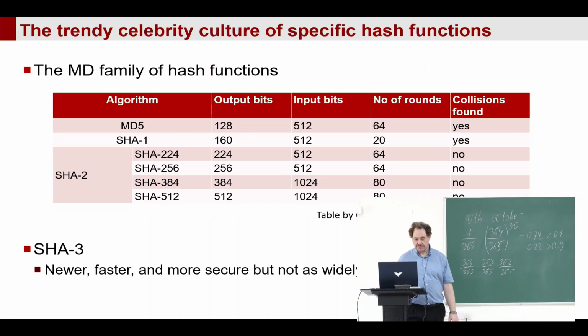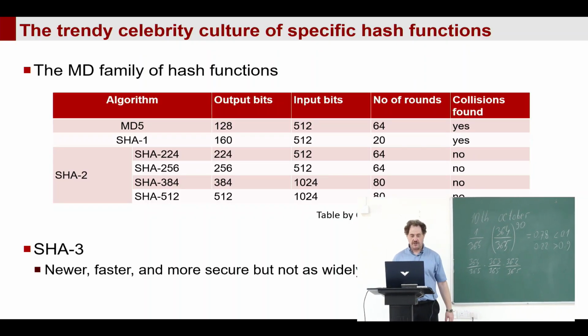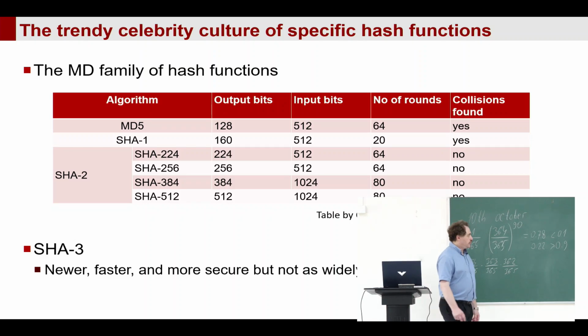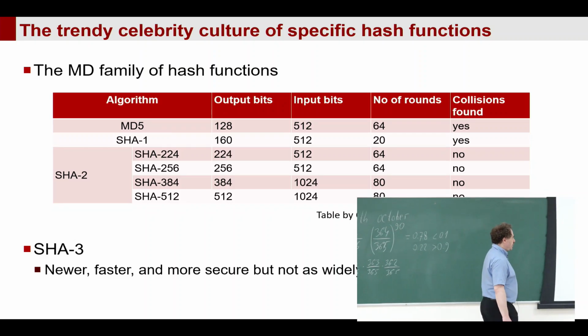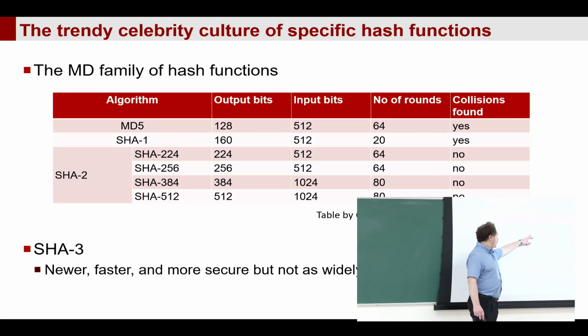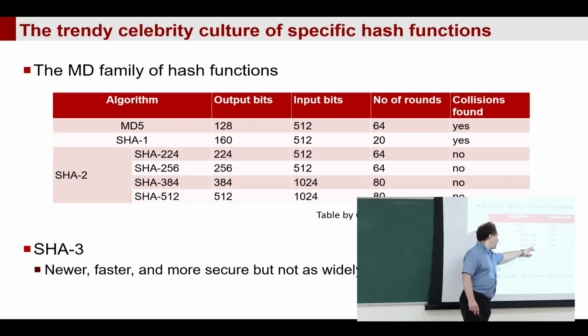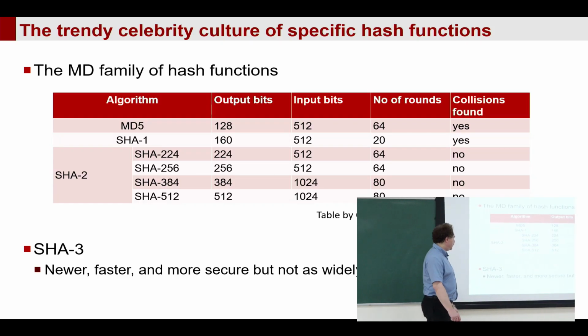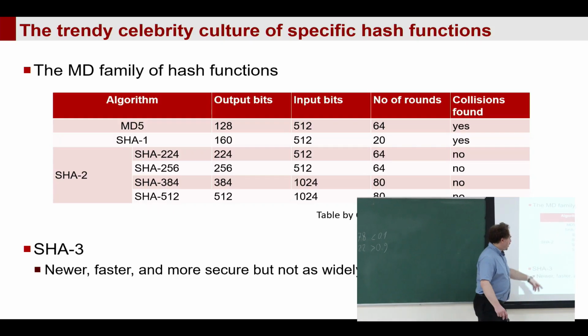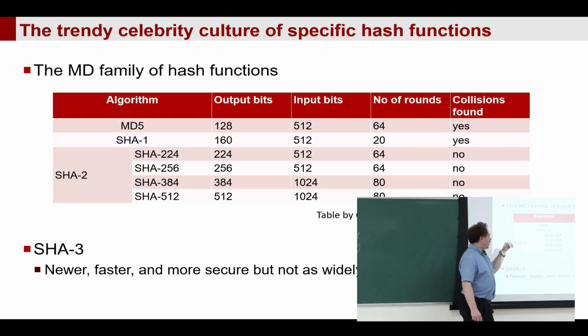Still, if you want to be more secure, you need to use more advanced SHA functions. So the recommended standardized SHA functions are SHA-224, 256, 384, 512. Collectively, they are called SHA-2.